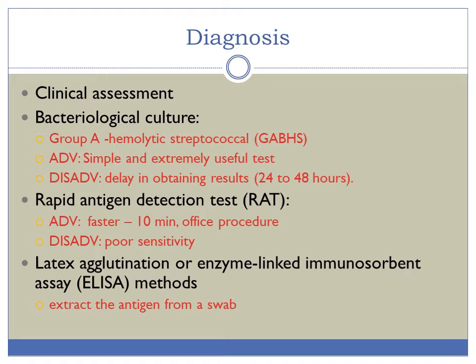The culture of the swab will usually show a group A hemolytic streptococcal infection. The advantage of this procedure is it is very simple and usually the tests are quite specific. Disadvantage of this method is that it takes around 2 to 3 days to get a proper result.